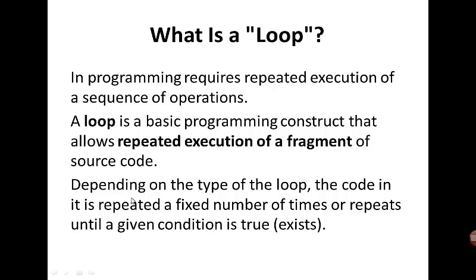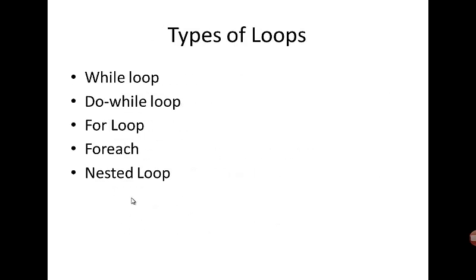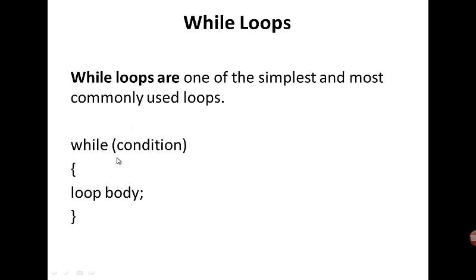Depending on the type of the loop, the code in it is repeated a fixed number of times or repeats until a given condition is true. These are the different types of loops: while loops, do while loops, for loops, for each loops, nested loops. Today we're just going to introduce the while loop.